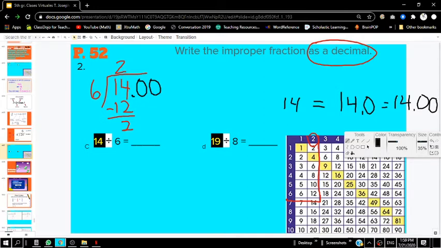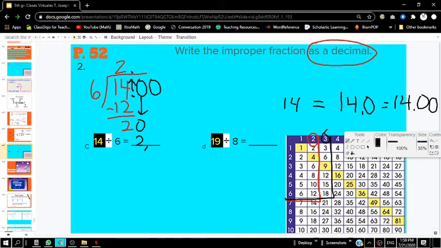All right, what I'm going to do is right away put my decimal point into my answer. So my answer is going to be 2 point something. You can also use a comma to separate. I'm going to bring my 0 down, and now I'm going to ask how many times does 6 go into 20? Well, 6 times 3 equals 18.